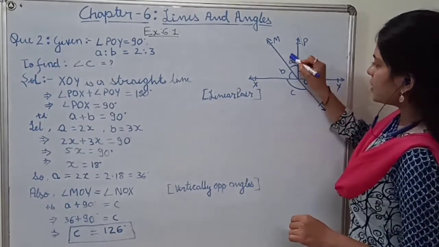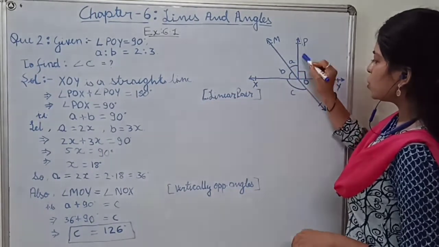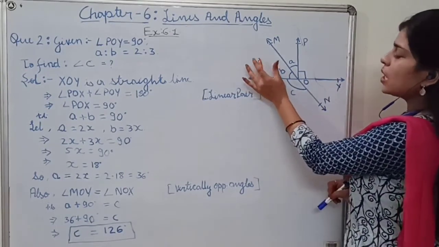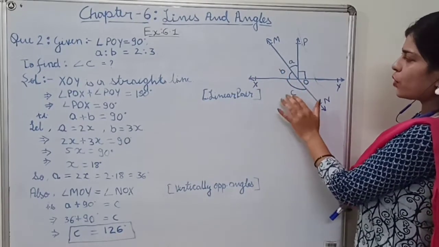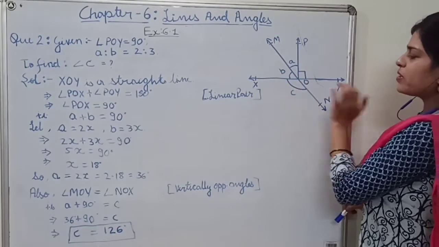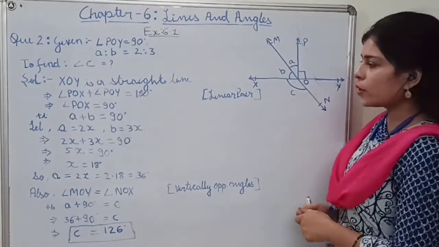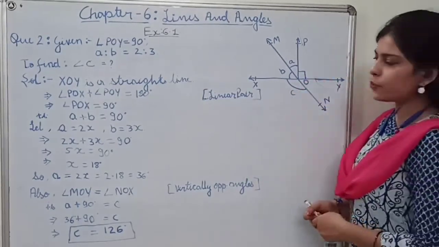If this is 90 and this is A, whose measure is known to us, then the sum of these two angles will be equal to angle C. And if we find the measure of angle B, then angle B plus angle C are a linear pair of angles, no? So after getting the value of B, we can find the measure of angle C. But better we find it using vertically opposite angles.